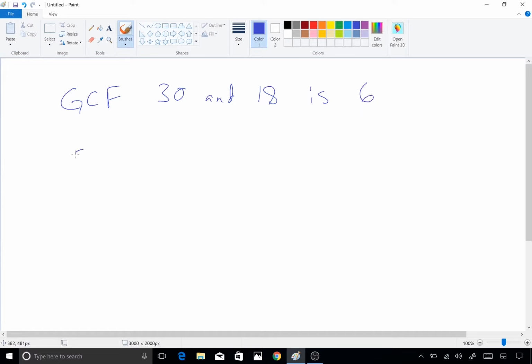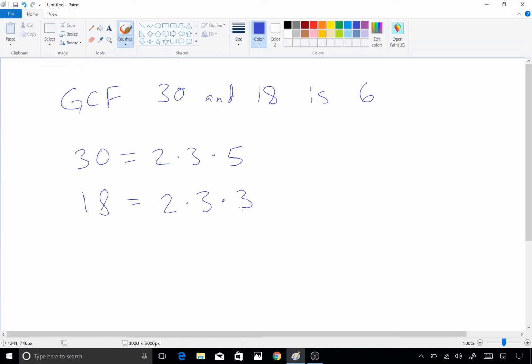If I break 30 into its prime factorization, that would be 2 times 3 times 5. And 18 into its prime factorization is 2 times 3 times 3.